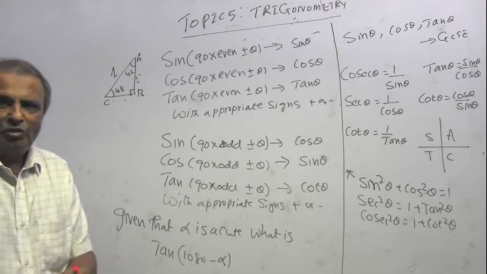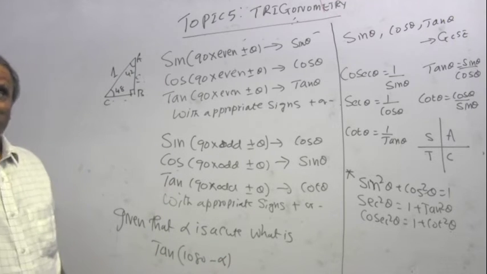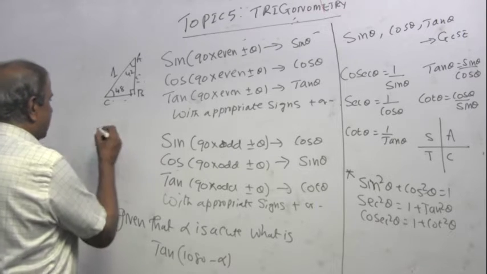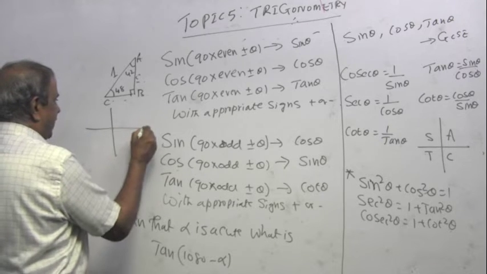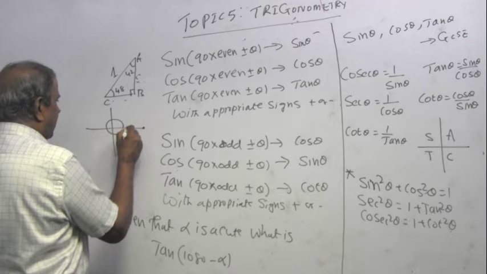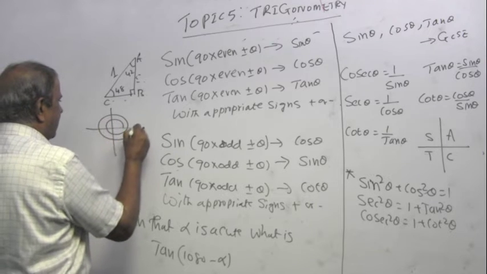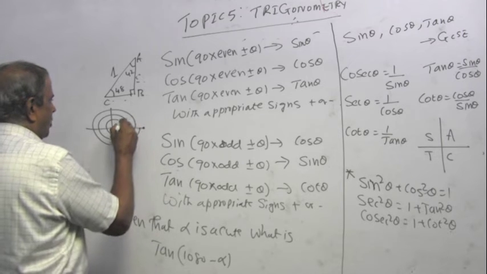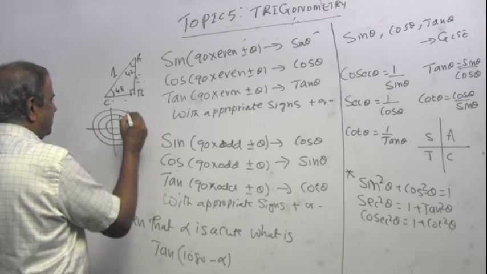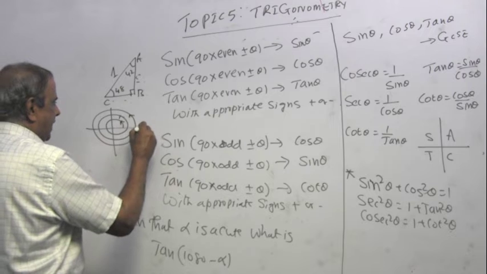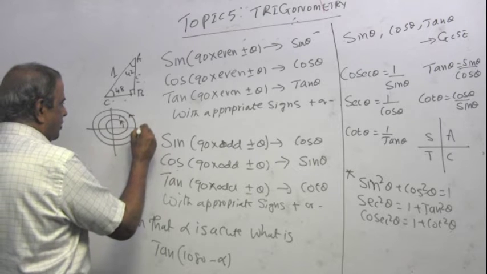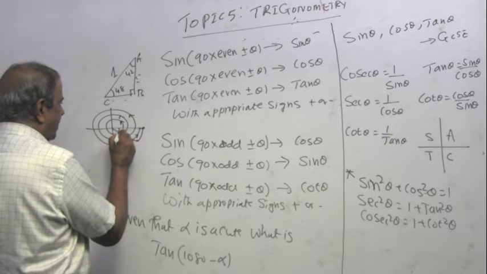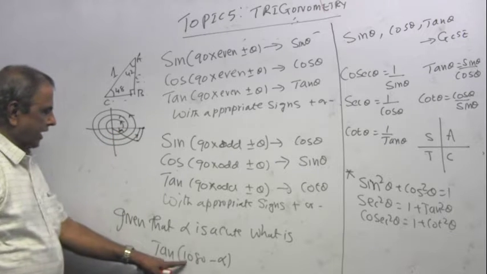Your calculator is not going to help you, right? So the first thing you do is, where is 1080? 0, 360, 720, 1080. That is 1080. And then minus alpha. Afterwards, you come back. That's the angle 1080 minus alpha.